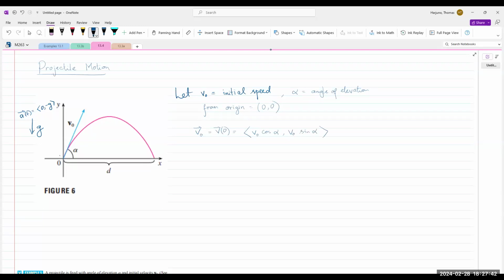Take a look at this. That initial velocity is basically how strong you throw it, the initial speed, but the x component is the cosine part, the y component is the sine part.